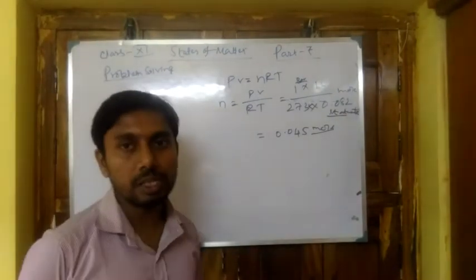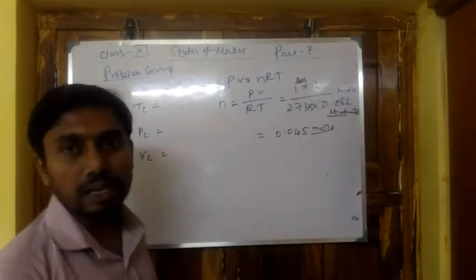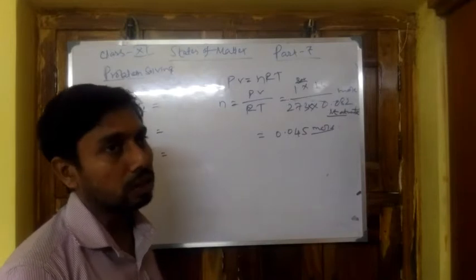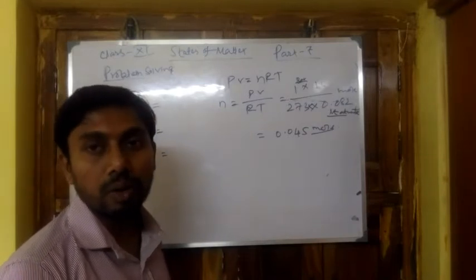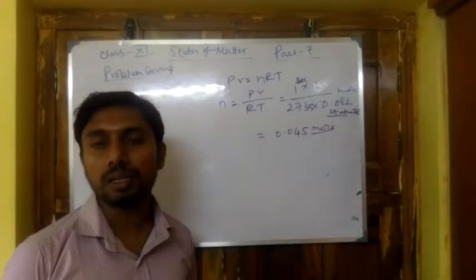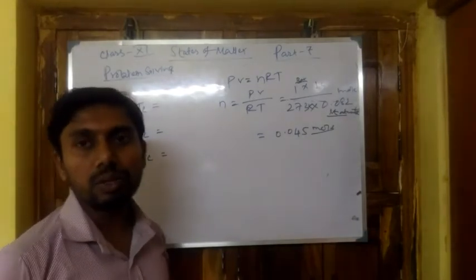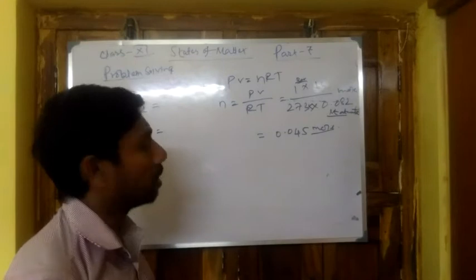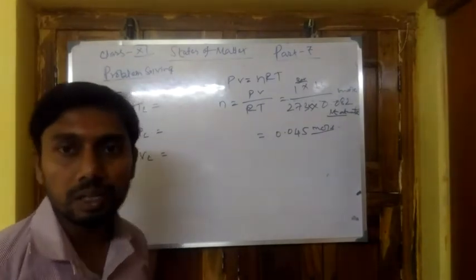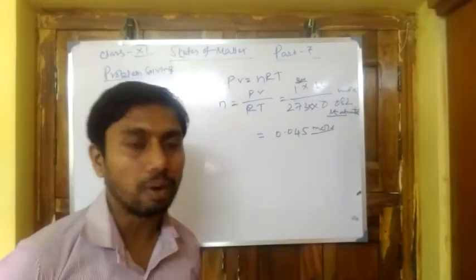We can substitute these constant data in the van der Waals equation as van der Waals constants. What are the van der Waals constants? One is a and the other is b. a is the pressure correction, due to attraction within the molecules, and b is the volume correction. b is also called the residual volume.